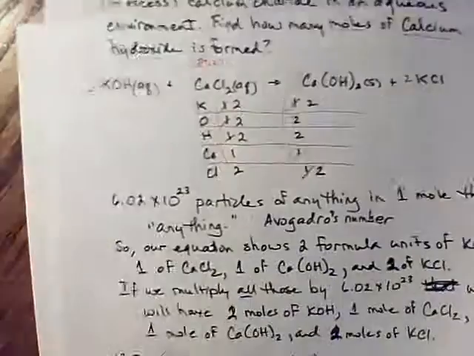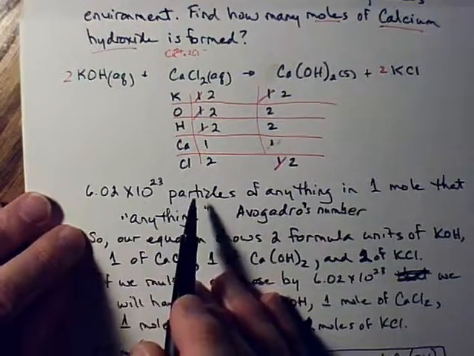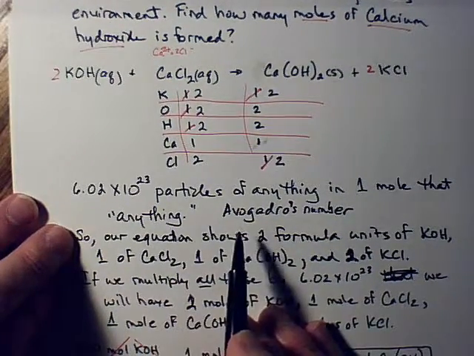That's it. All we had to do was convert from moles of one thing to moles of something else. That was the answer. What is that number? Avogadro's number. We multiplied all the formula units by Avogadro's number to do that. How? We just did. We said right here that this many particles of anything equals a mole of anything, right?